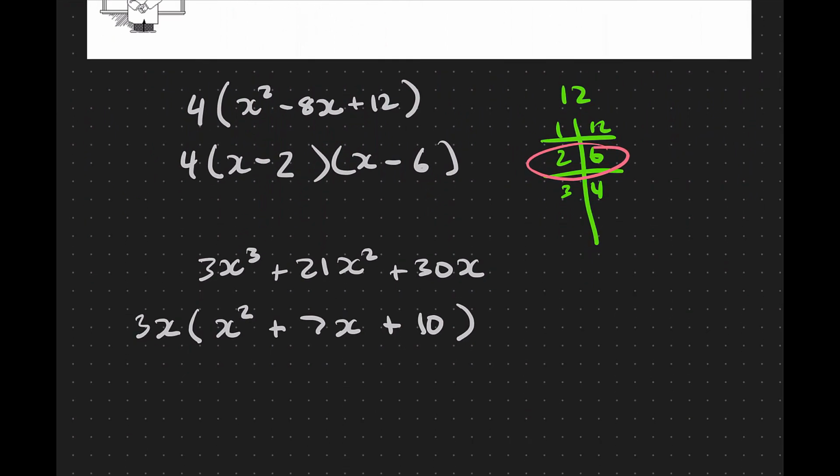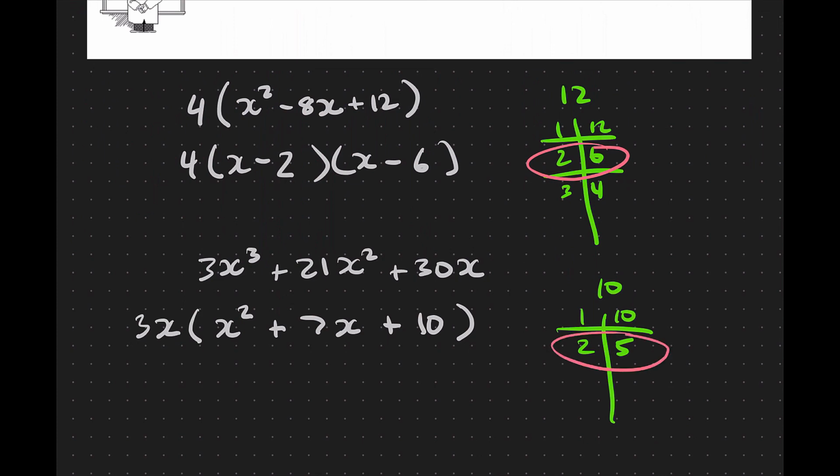So we've got to find two numbers that multiply together to give us 10, and add together to give us 7. So we've got 1 and 10, 2 and 5, and that is it. And 2 plus 5 is 7.